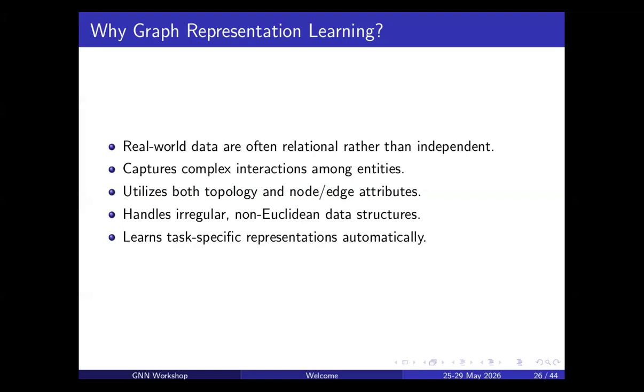The advantage of any deep neural network is automatic feature extraction instead of specifically representing all the features. So given the features and the topology, these graph representation learning models can automatically learn task specific representations more effectively.